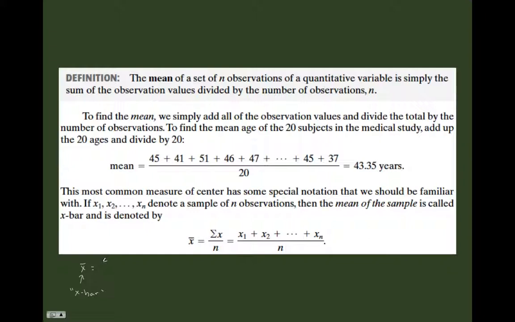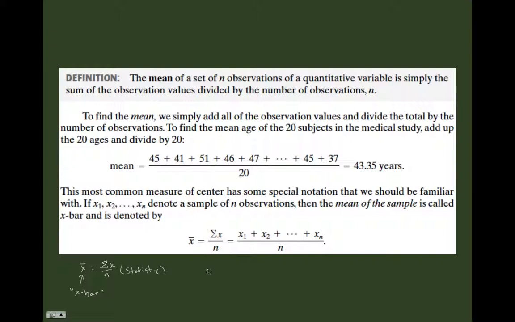Now this symbol right here that I'm trying to draw is the summation symbol. It's a Greek sigma, for S, and it's the sum of all those x values divided by lowercase n. This is a statistic. Comes from a sample.